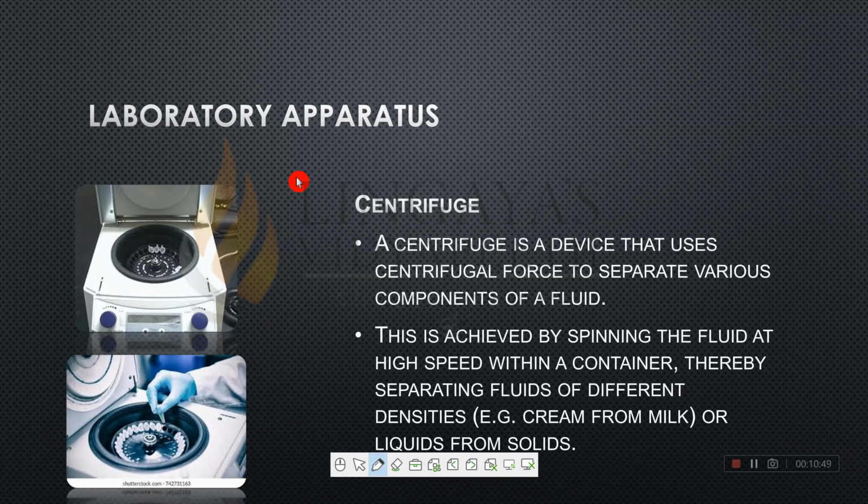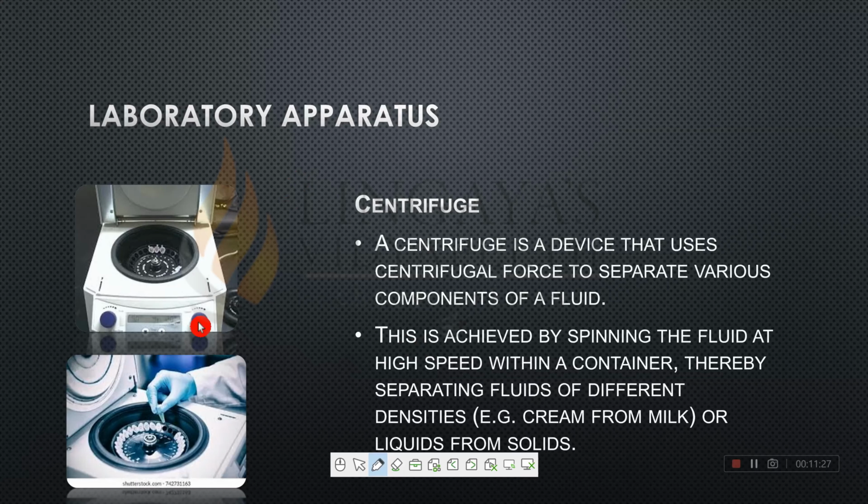For example, if we put the tube or the vial of blood into this centrifuge, the different components of the blood will be separated on the basis of the density and the size of the components. Higher density, higher sized molecules will settle at the bottom, and the lower density molecules will be separated at the top of the glass tube.